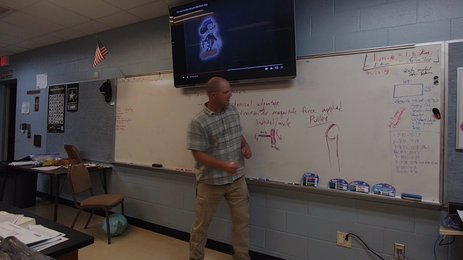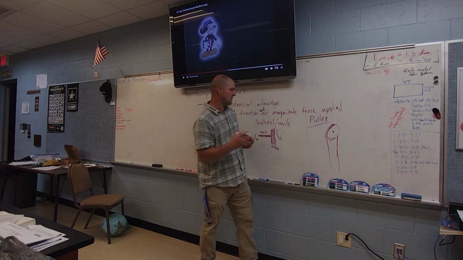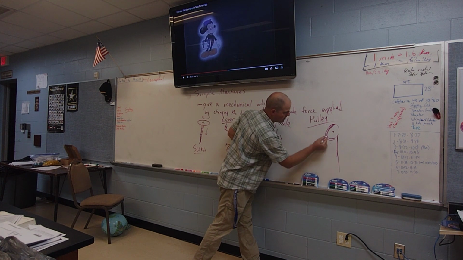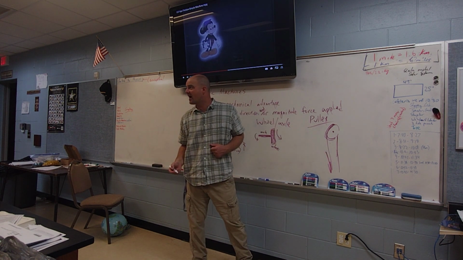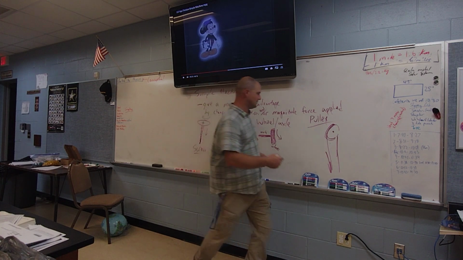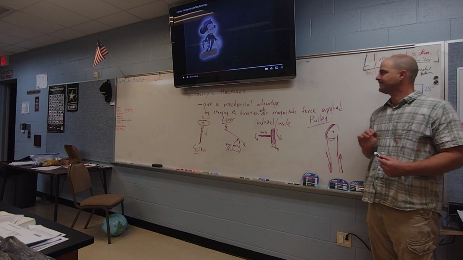And of course, it's spinning on its own axis there too, right? And then if you pull down on one side, what happens to the other? Yeah, it's going to redirect the direction of the force.